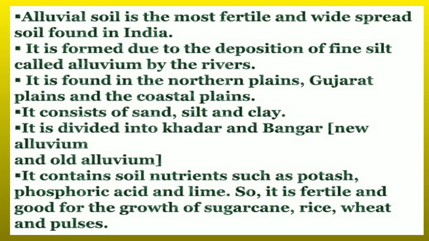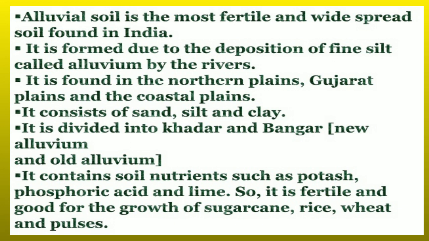This is a very important soil because it is the most fertile soil. It is formed due to the deposition of fine silt called alluvium by the rivers. It is found in the northern plains, Gujarat plains and coastal plains also. It consists of sand, silt and clay.